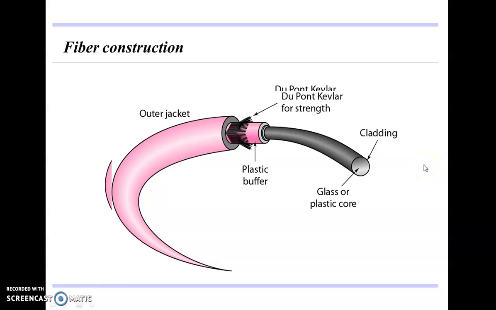In the fiber construction, it has an outer jacket. This is the outer jacket, the cover of this cable. Then this is the plastic buffer. These are some of the threads for strength, and this is the cladding, in which we have a glass or plastic core so that we can transfer the signal.